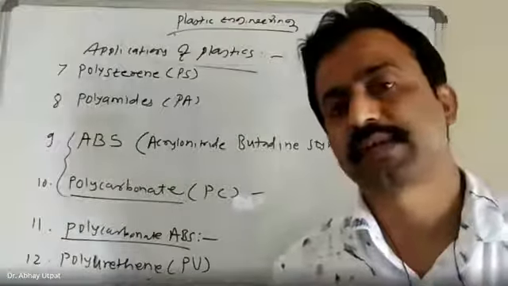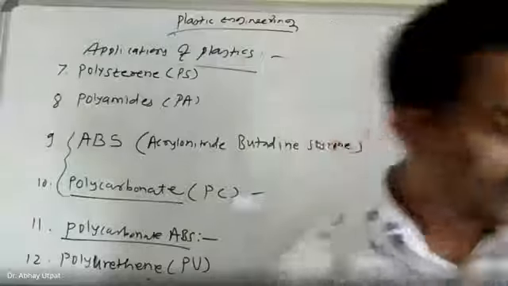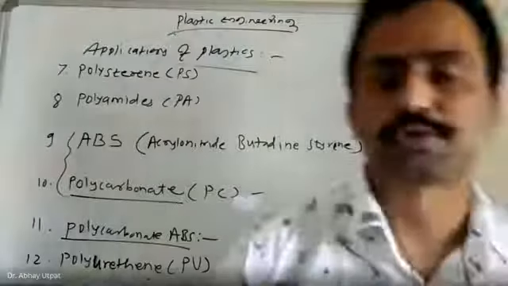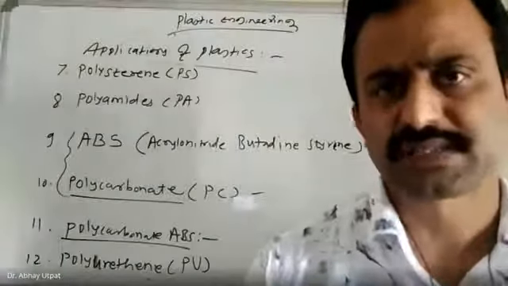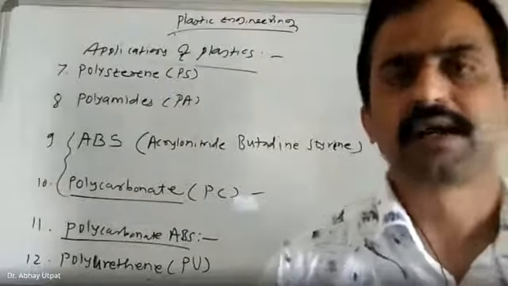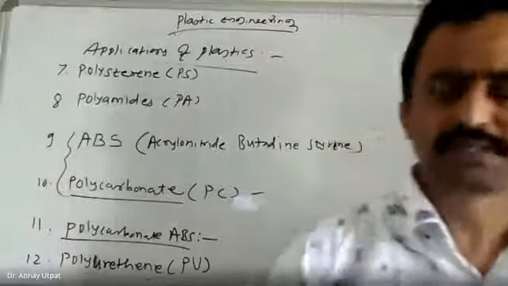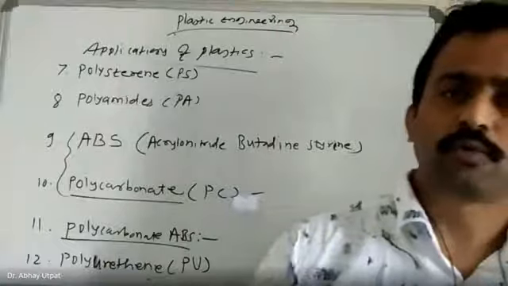Wherever there is a requirement of thermal insulation, or cushioning foams used in seats, chairs, vehicle seats and other furniture, all those cushions are made of polyurethane.